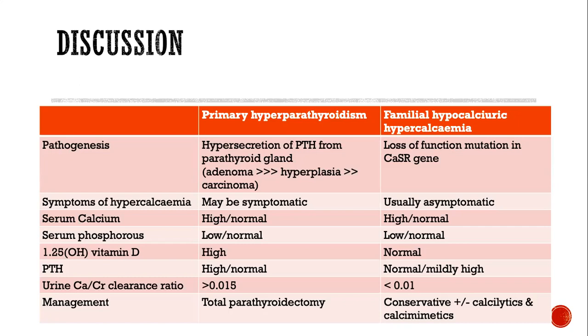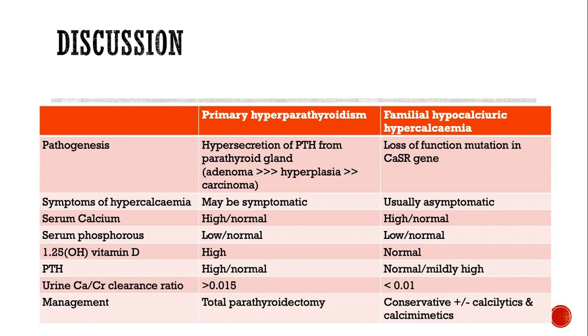PTH levels also can be high or normal in both. So the most important investigations are urinary investigations. First, we need to do a 24-hour urine calcium excretion test, followed by the urine calcium to creatinine clearance ratio. In primary hyperparathyroidism, it is more than 0.015, and in familial hypocalciuric hypercalcemia, it is less than 0.01.